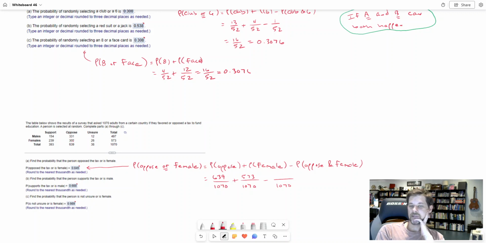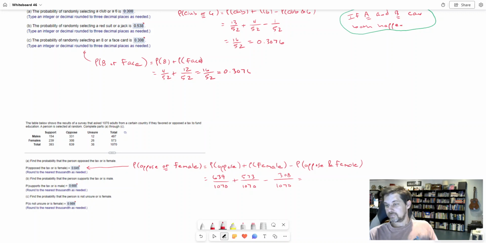This number, 308, is the number of females that oppose the tax. These 308 people are both in opposition and are female. That'll get me this number right here.